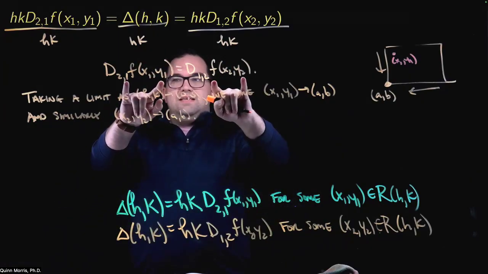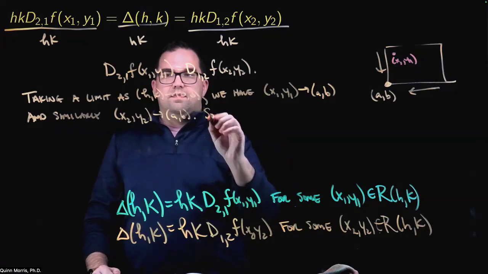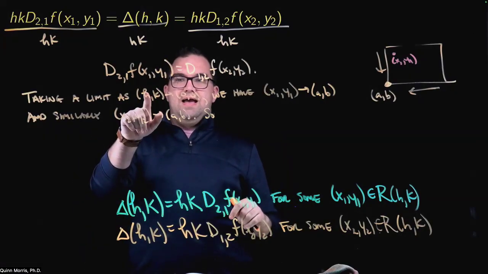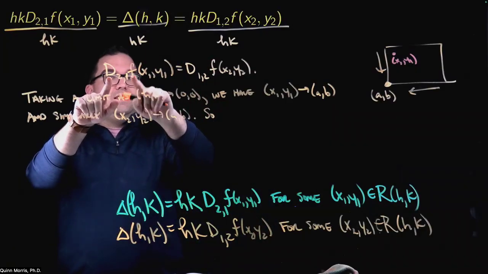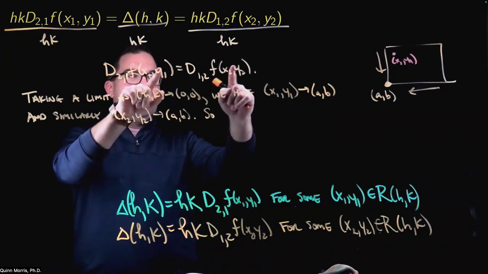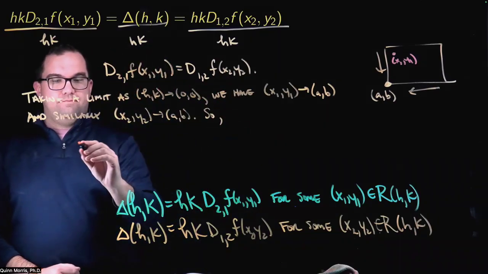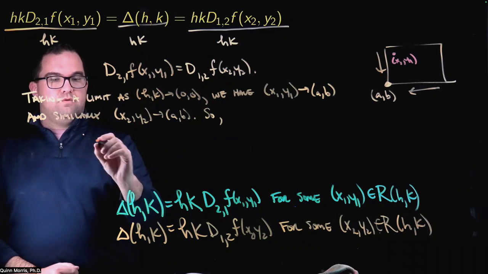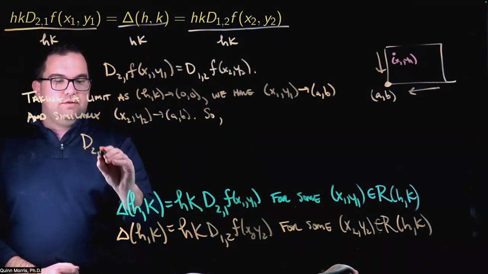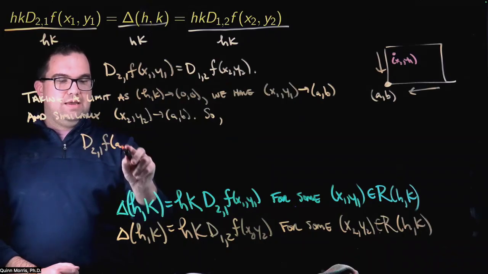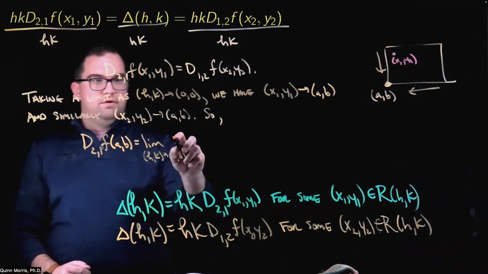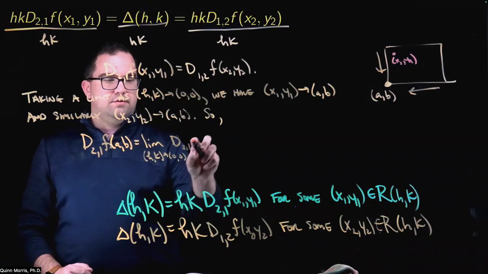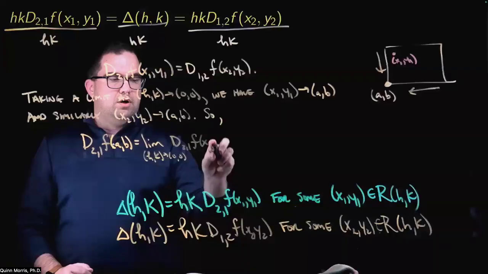So now if I look at this side, I can take a limit of both sides as h and k go to 0, and invoking the continuity of each of these mixed partials at A, we have that D21 f of AB is equal to the limit as h and k go to 0, 0 of D21 f of x1, y1.